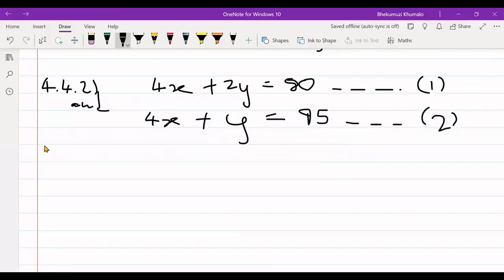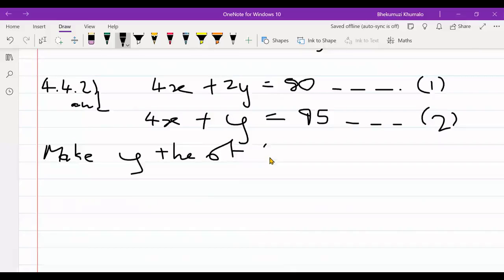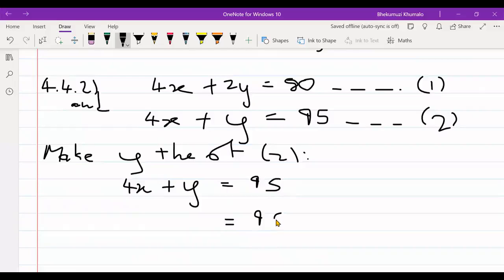Now, first, let's try and simplify. Let's make y the subject of the second equation. That's quite straightforward, right? By doing so, we can make it into 95 minus 4x, like that.